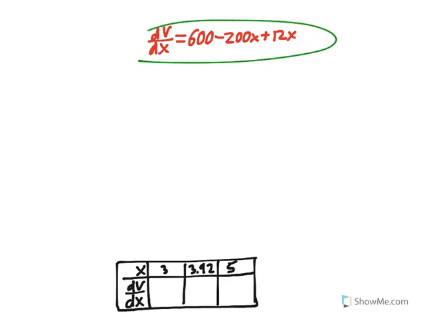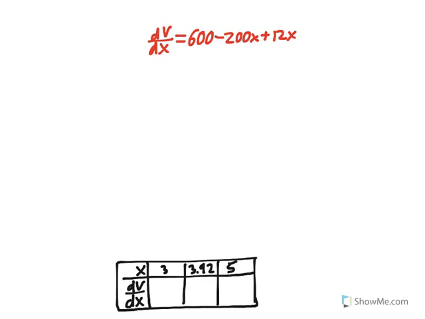Up here, I've got a copy of our formula for dV/dx, which I'll be using twice. Once on a test value below 3.92, which I arbitrarily chose as 3. 1 might not have been a bad answer either, because 1 tends to make the multiplication a lot easier.